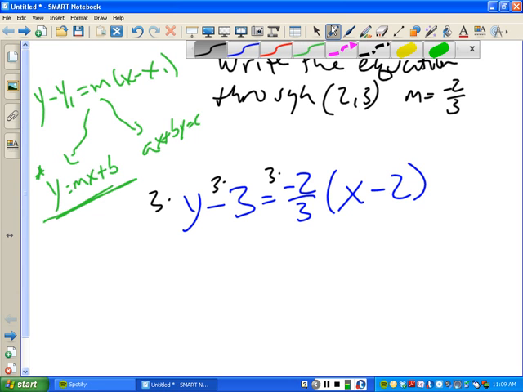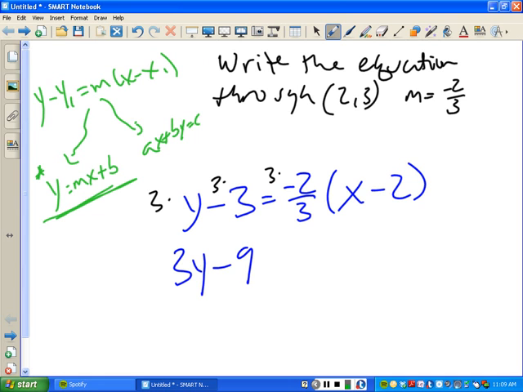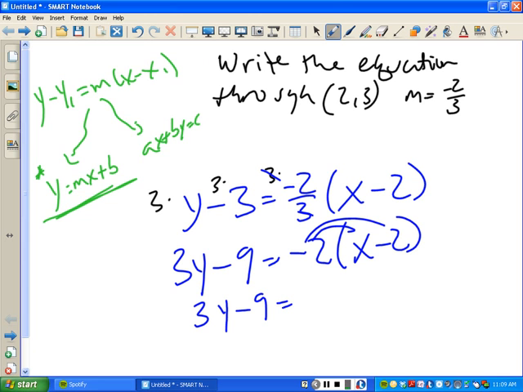This becomes 3y minus 9 equals negative 2(x minus 2). Distribute: 3y minus 9 equals negative 2x plus 4.